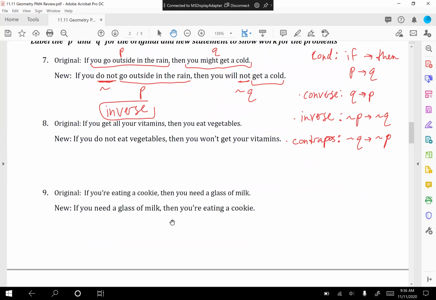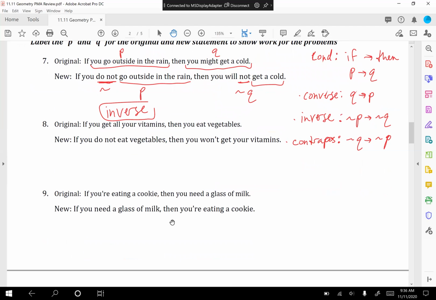All right, let's see this one here. If you get all your vitamins, so get all your vitamins, that's P. Then you eat your vegetables, that's Q. Okay. The new one, do not eat your vegetables. So that's what, is that P or Q? It's Q, right?